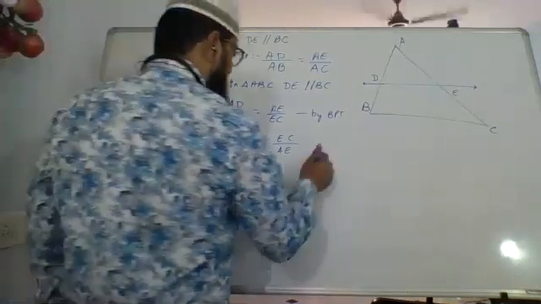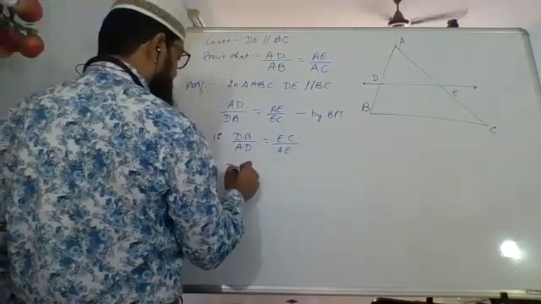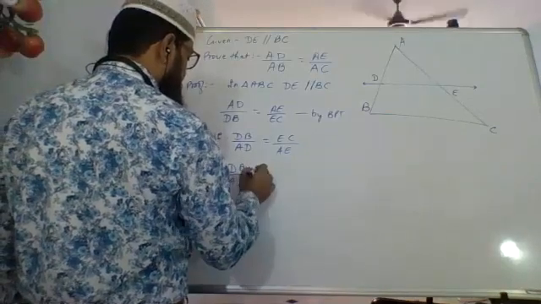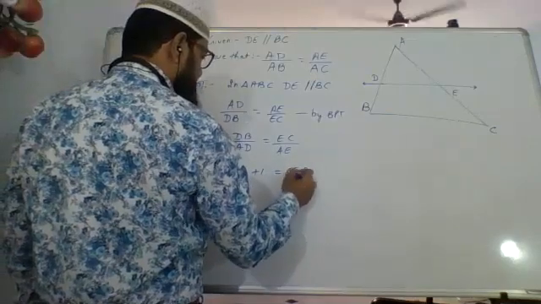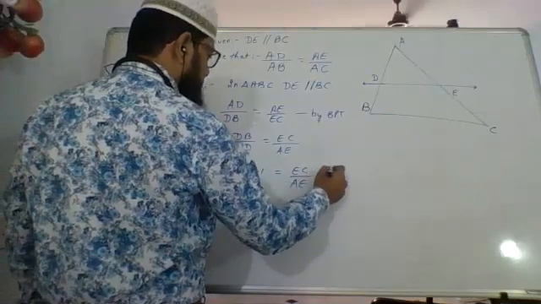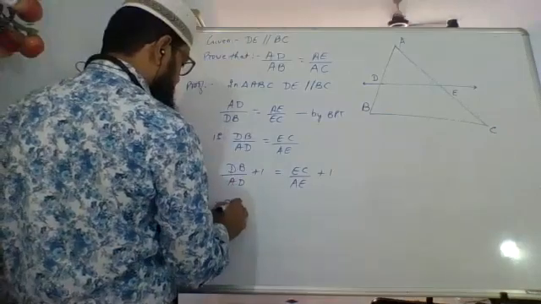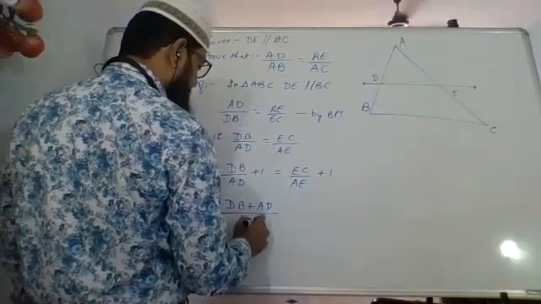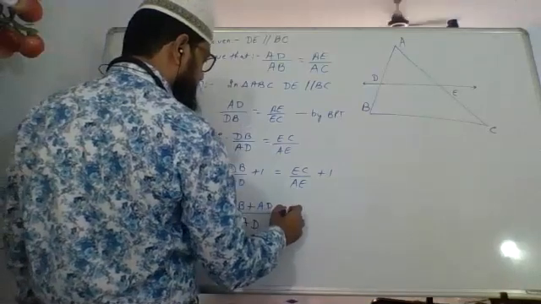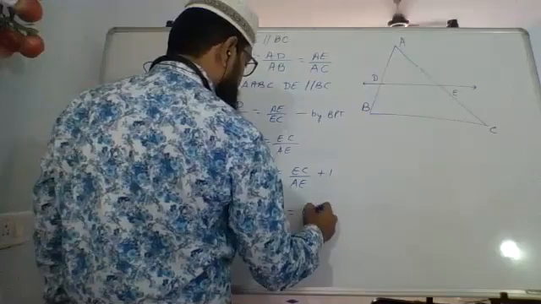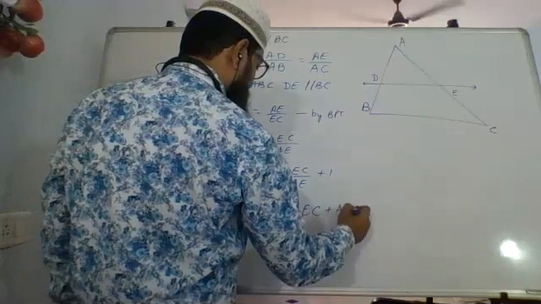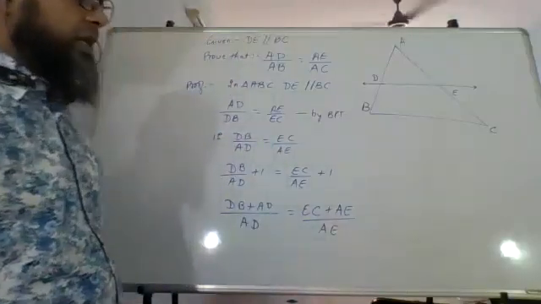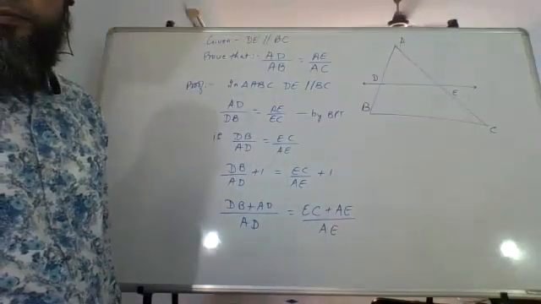Now, again, I'll add 1 to both sides. So DB upon AD plus 1 equals EC upon AE plus 1. So this will become DB plus AD upon AD equals EC plus AE upon AE.